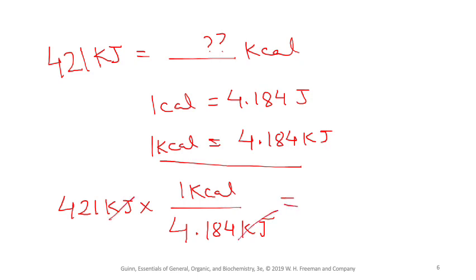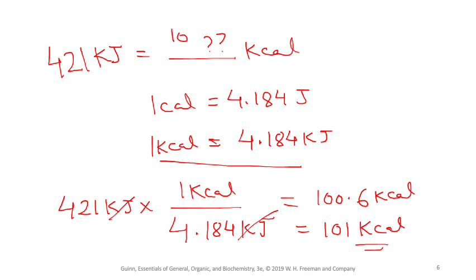Kilojoules will cancel out, and when you solve it, you're going to get around 100.6 kilocalories, and you need 3 sig fig numbers, so I can round this off to 101 kilocalories. So if I have 421 kilojoules, that means I have 101 kilocalories. So this is how you can use the concept to convert one unit into a second unit. This is another example beside the two that we did on the previous slide.